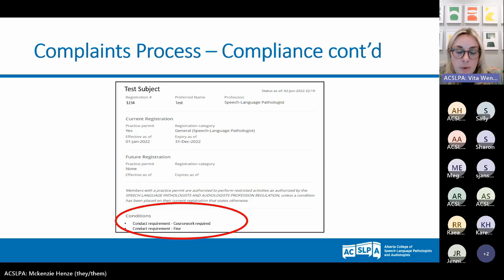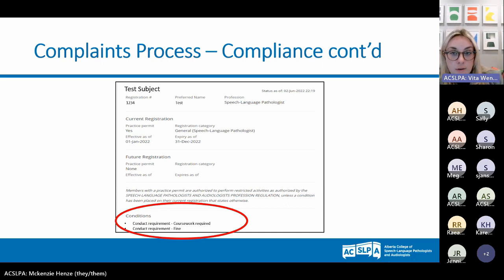So just as an example, this is an example of a practice permit. This is what potentially would show on a website if there were requirements outstanding. So as an example, conduct requirement, coursework required, or conduct requirement fine. And generally speaking about a section of the HPA, those would be posted for transparency until that requirement is complete.